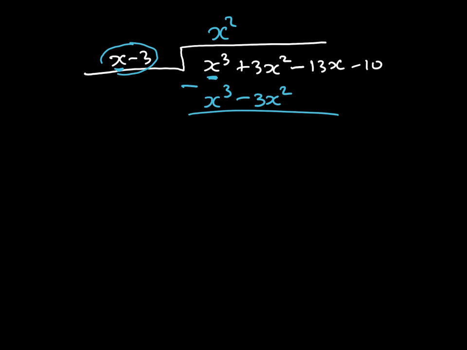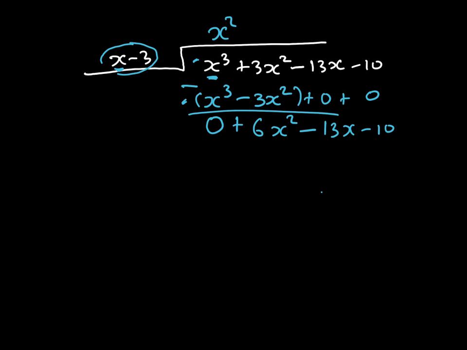Remember when you are subtracting, the negative affects everything, so it's always good to put a bracket. This time x cubed minus x cubed, you get 0. Negative and negative is a positive, so this will be plus 6x squared minus, of course here they are zeros, so we say minus 13x minus 10.